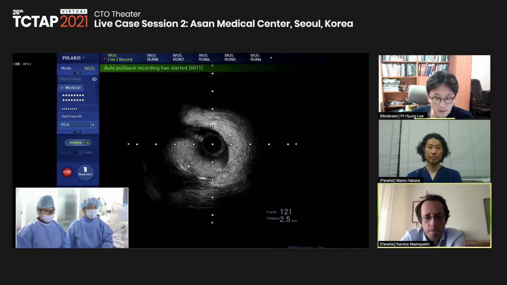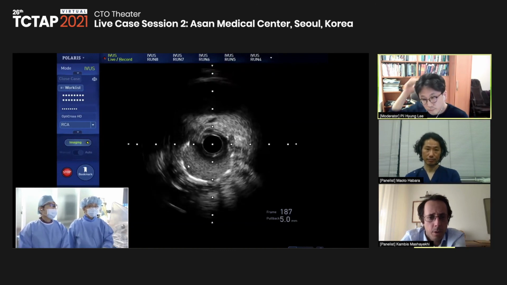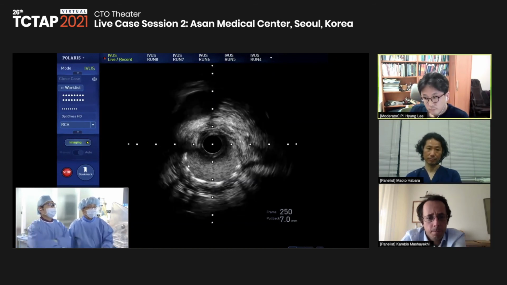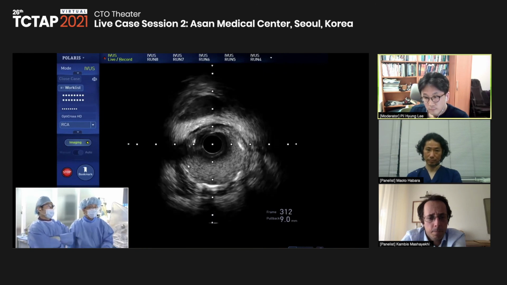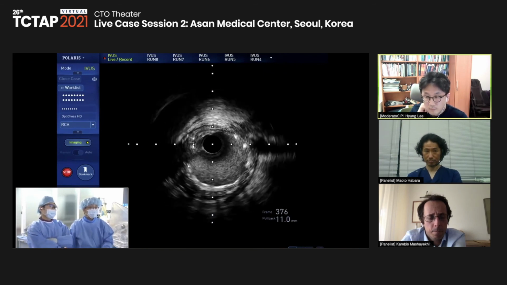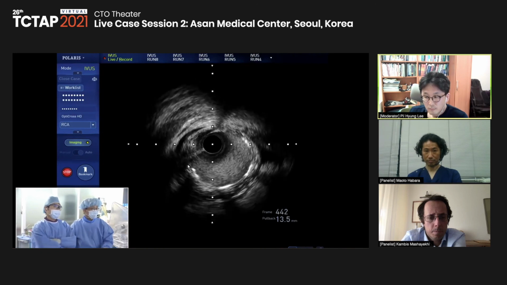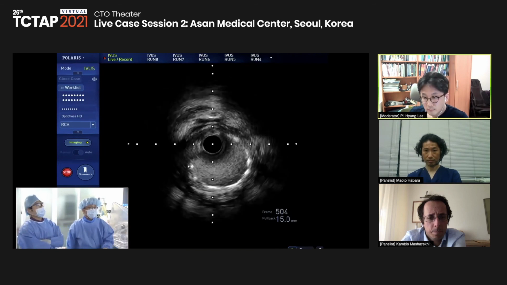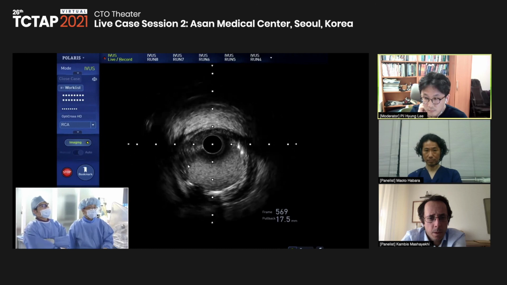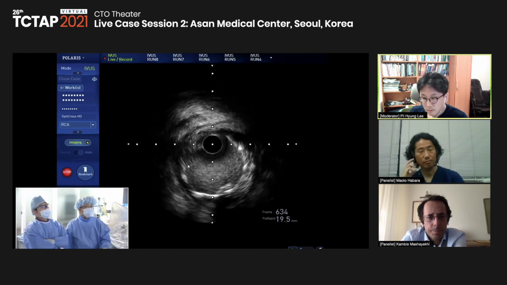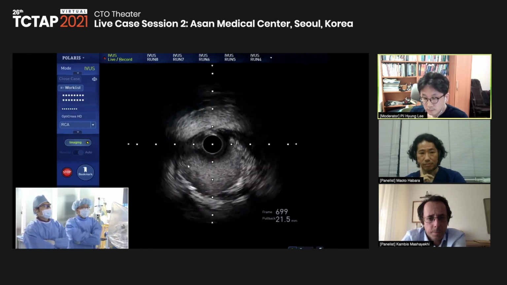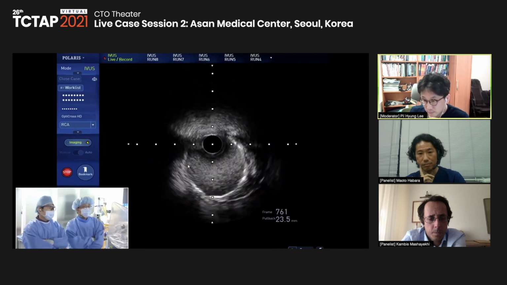Yeah. This is the final bifurcation. Yeah, that's important now. Perfect. Okay. So this is a 3.0 balloon, 3.0 stent, and I think I covered this point with the high pressure balloon with 3.5. The stent is well expanded with round shape, symmetrical.